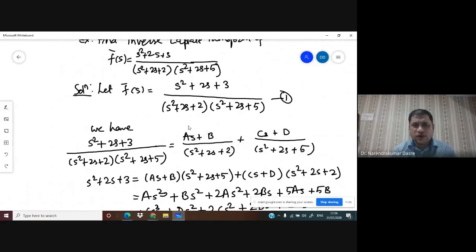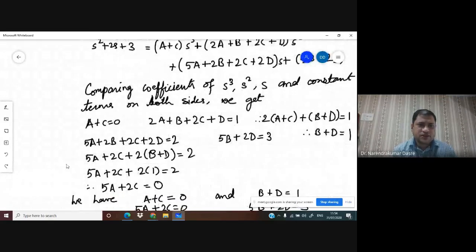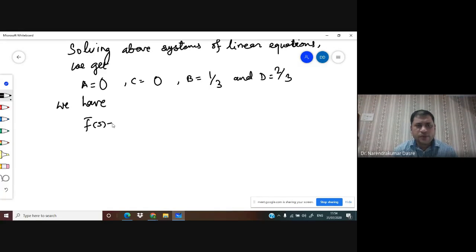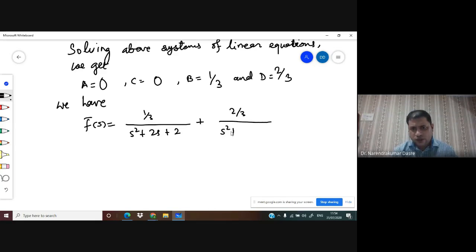Okay, so we got these values and now we can use these values here in equation 1 and we can simplify this function f bar of s. So let us see what we'll get. f bar of s is equal to 1 by 3 s square plus 2s plus 2 plus 2 by 3 s square plus 2s plus 5.